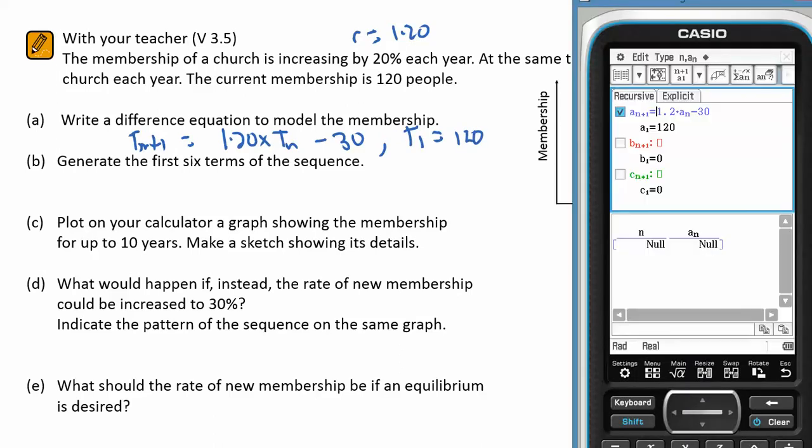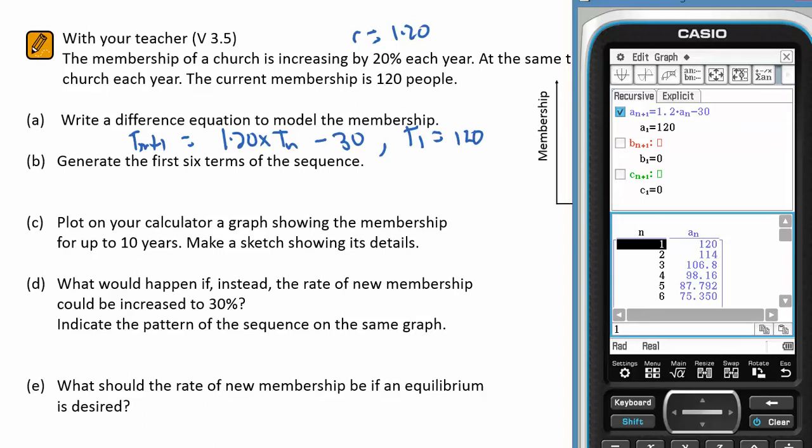I've set this up on the calculator, so 1.2 times the previous term, take 30, starting at 120. And you can see the terms generated, so 120, first year 114, about 107, and so on. Now your calculator also has a graphing facility.